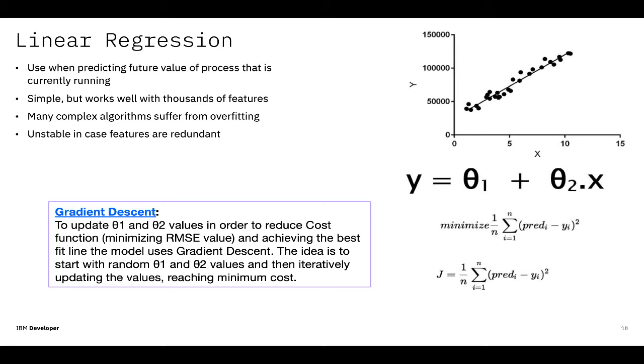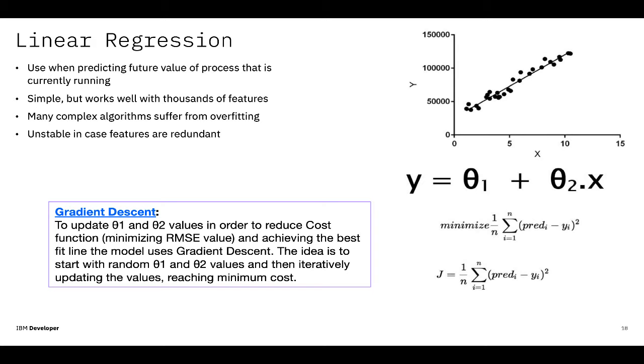So when do we use linear regression? We use it when we're told to predict some sort of future value of a process that's currently running. It's pretty simple, but it actually is pretty accurate when there's thousands of features. Many complex algorithms suffer from overfit issues, and if the data set isn't huge, many complex algorithms don't work well, but with large data sets, linear regression works pretty well.